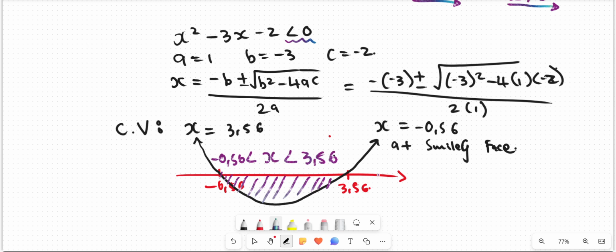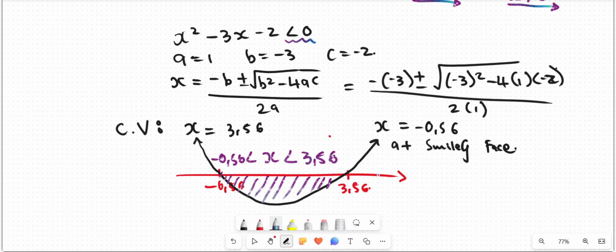On that note, that's it from my side. These, I wouldn't say they're that difficult. It just needs you to find your critical values, so solve it like a normal quadratic equation. And then once you have your critical values, you need to interpret what they mean in terms of the graph. You look at the A value and the inequality that's given.